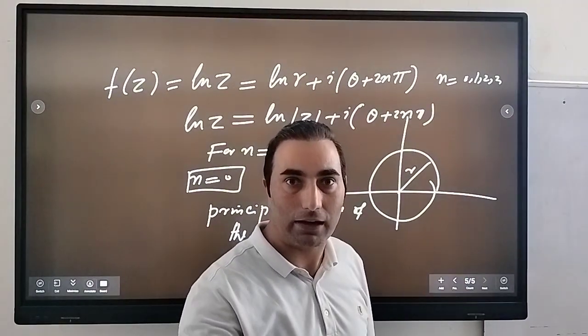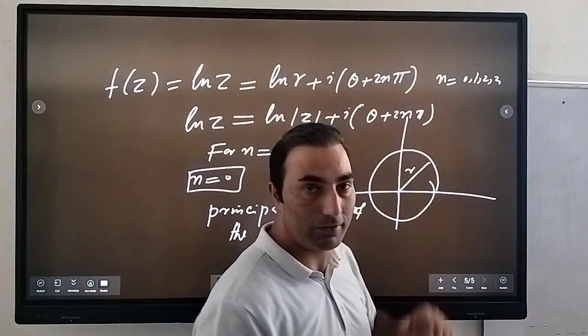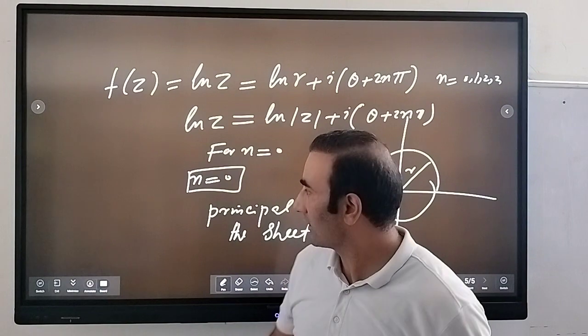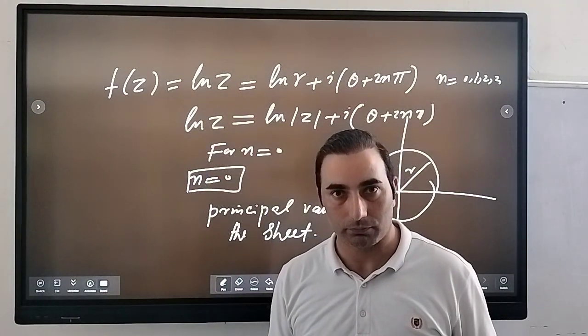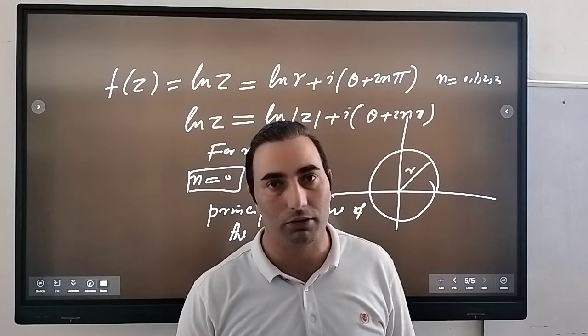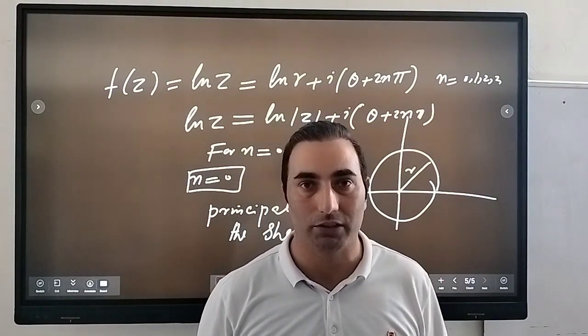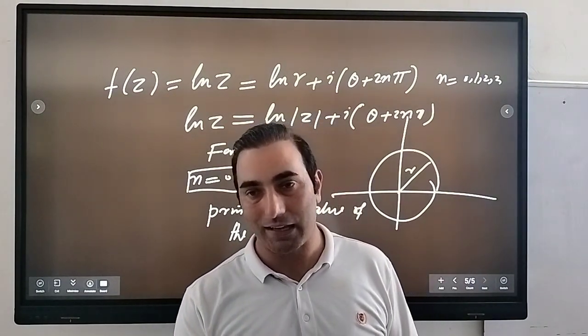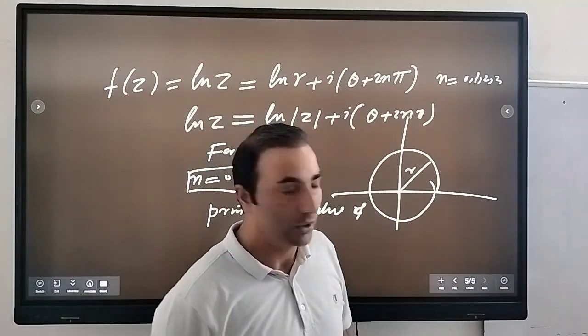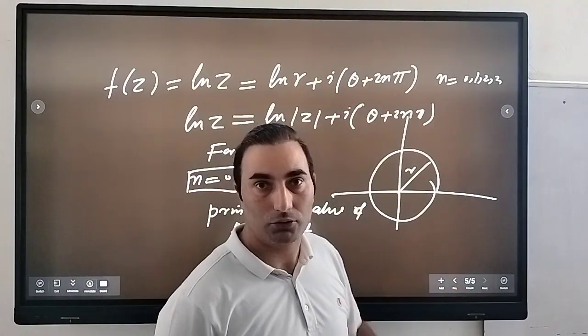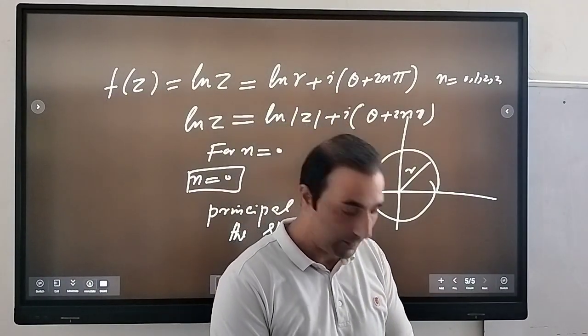That means we have multi-valued functions, because putting different values of n gives us different values of the natural log of z. This is what is called a multi-valued function, because n can take different values.